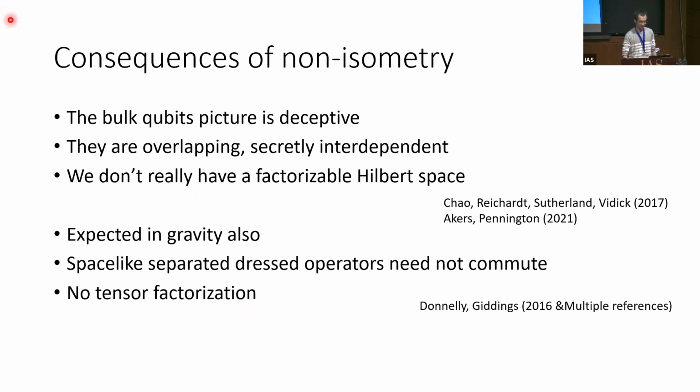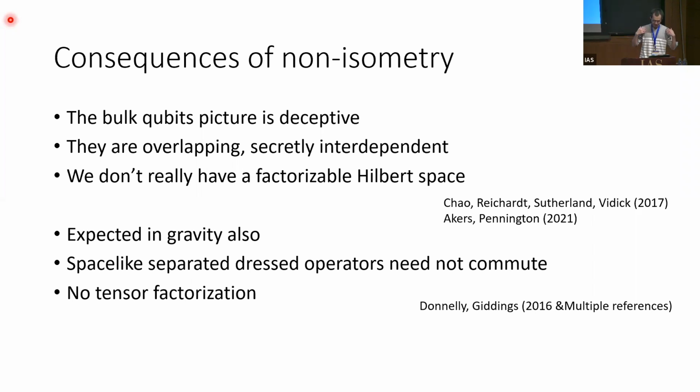So a similar thing is happening here, in that the picture I'm drawing for you of the bulk qubits is deceptive. If you actually think of a physical process that's doing the encoding, this physical process should be taking you from some non-factorizable Hilbert space into another Hilbert space.